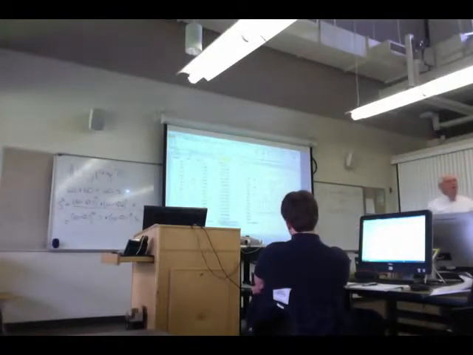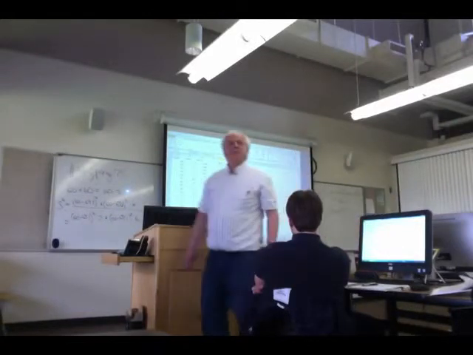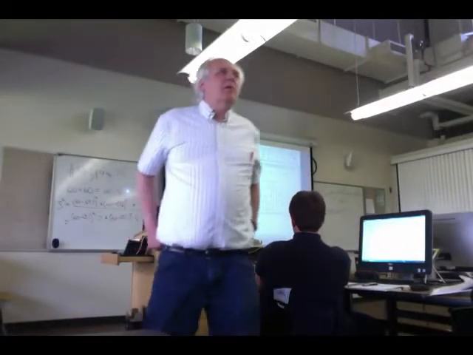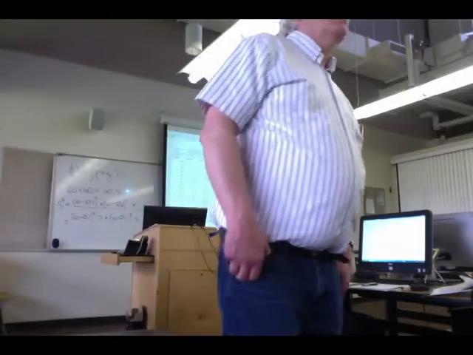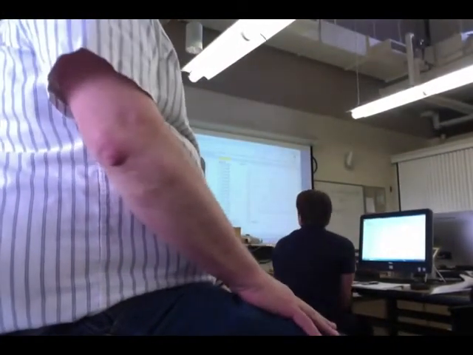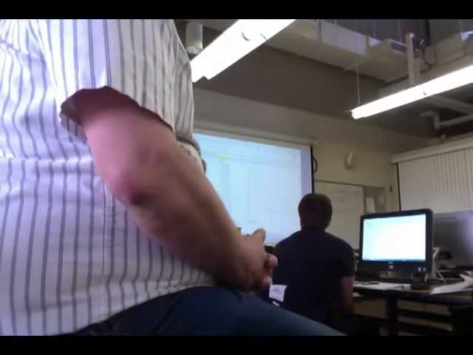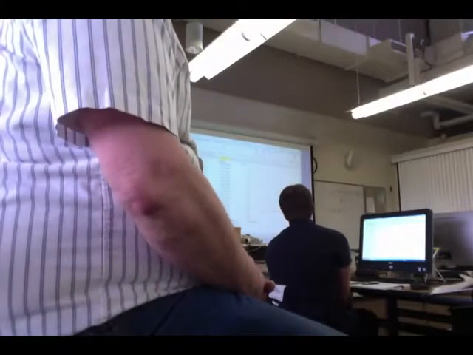Yes? Isn't that called the sample variance? Yeah, this is the sample variance. You just want the population variance? No, the population variance you divide by n. So the sample variance you divide by n minus 1. We really haven't talked about the population variance.